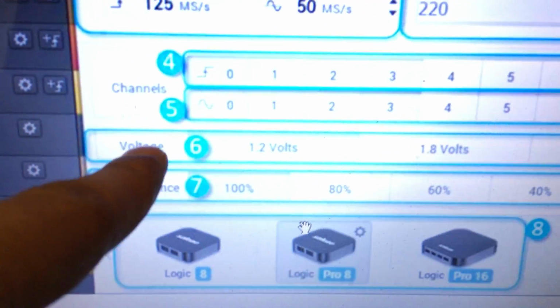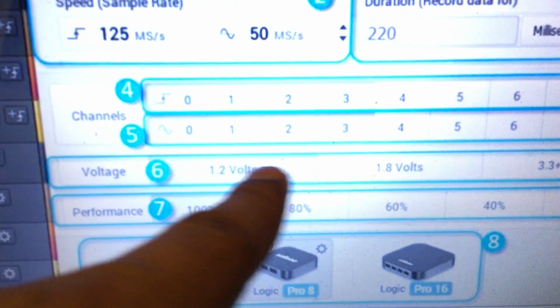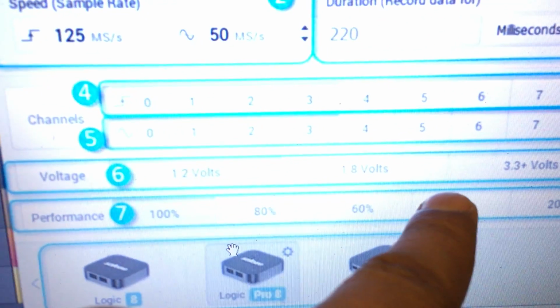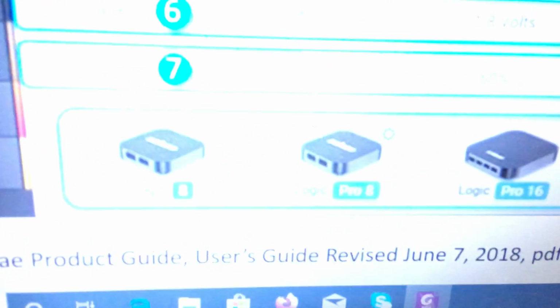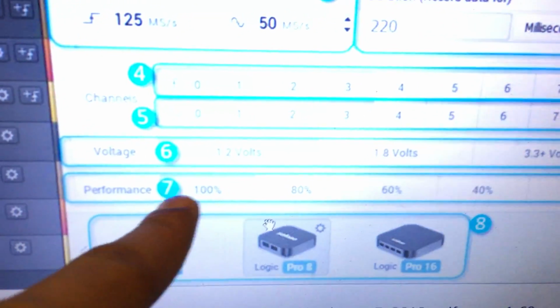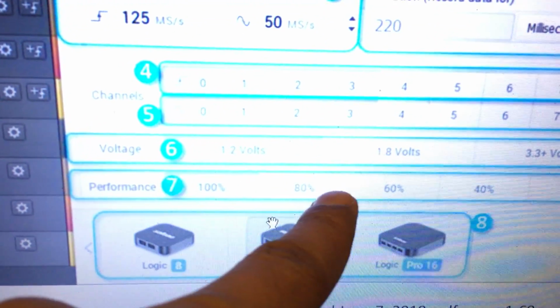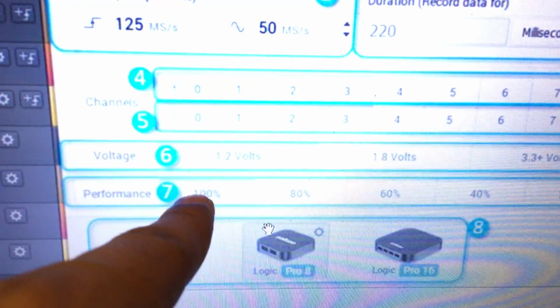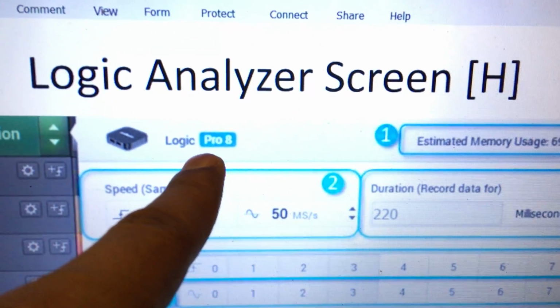Then the voltage levels are there, for example 1.2 volts, 1.8 volts, 3.3 volts. It could be different depending upon the type of module you have chosen. Then the performance is there, so the performance could be 100% or 80%, like that, depending upon the type of module you have chosen over here.